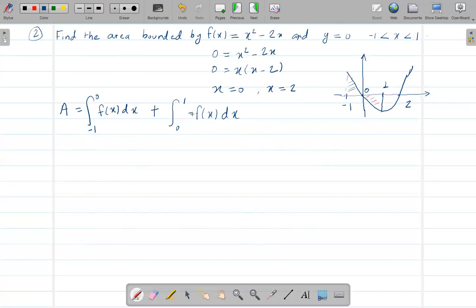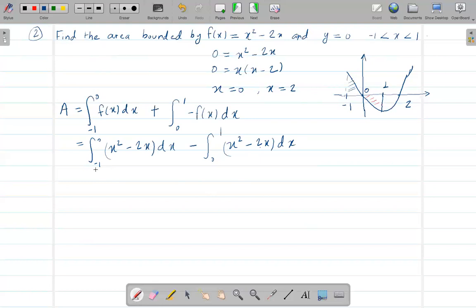Okay, so here I can bring this negative out. f of x is x squared minus 2x dx, minus the integral from 0 to 1 of f of x, which is x squared minus 2x dx.